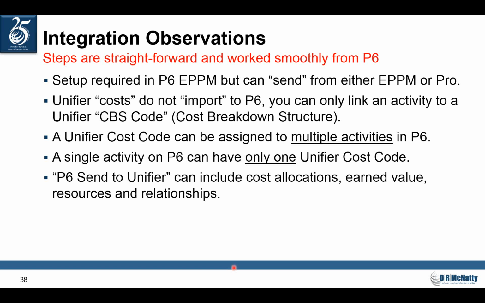This is an important one because you may have to define your P6 schedule at a lower level of detail, because you only have a one-to-one relationship with cost codes. And then, of course, in addition to the cost code allocation, we can send earned value or resource amounts and actually different cost amounts if your P6 schedule happens to be cost loaded as well.